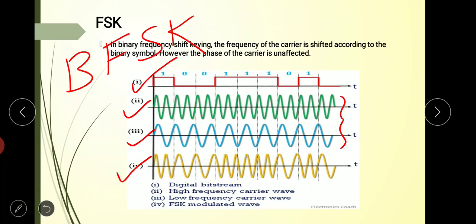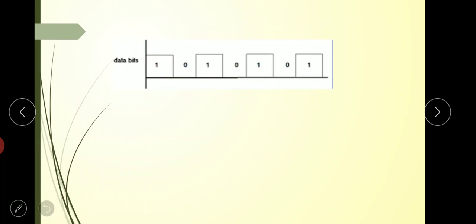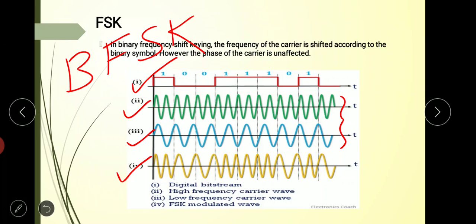So if someone gives you a digital sequence, then you can easily draw the BFSK waveform. If this signal is given, then you can observe that when 1 is given, we get a high frequency signal at the output, as the cycles are very close to each other.